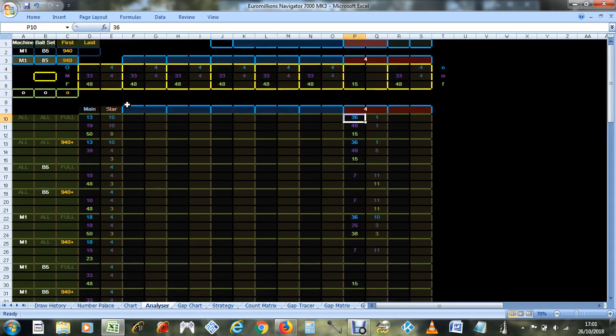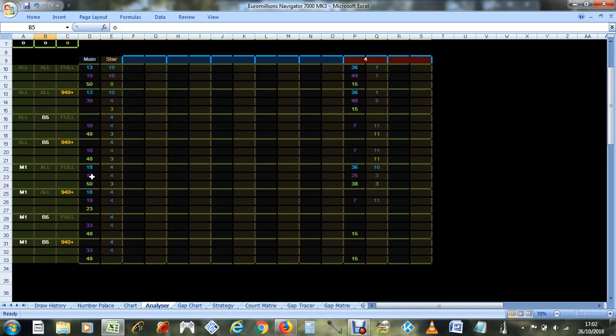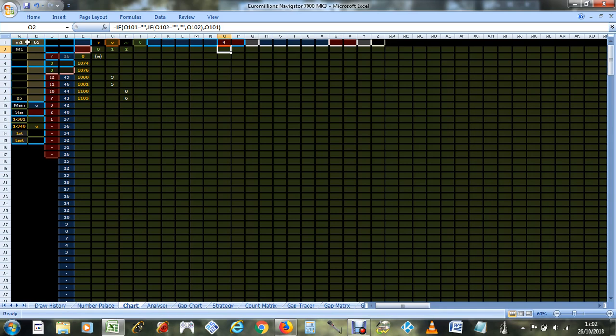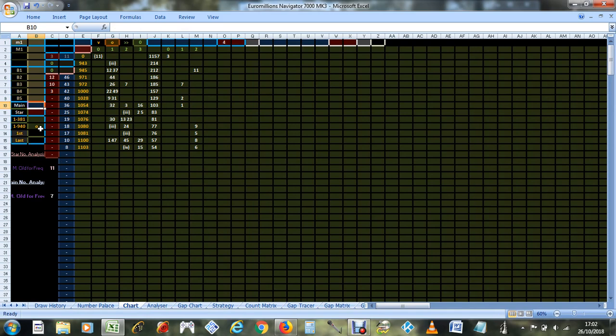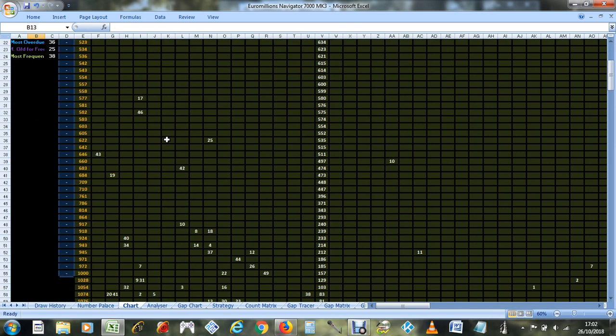So now what I want to do is pick a main number. Now if we look at all the coincidences, now because of how weird the chart looked for machine 1, when I looked at machine 1, I get this chart.